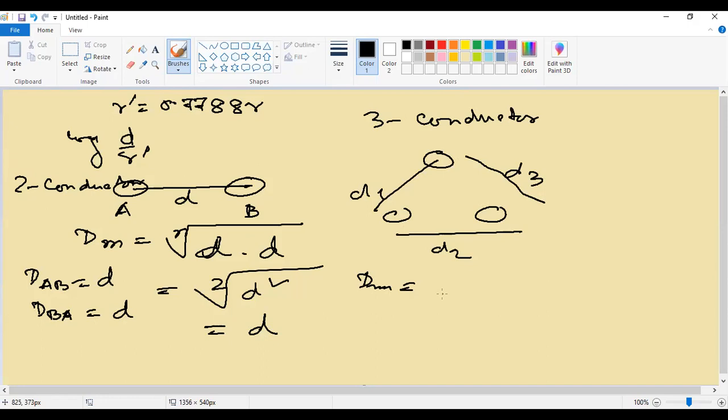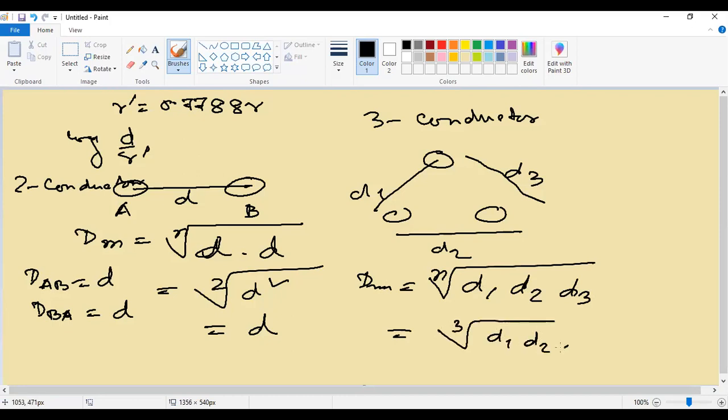Cube root of D1, D2, D3, sir. Yes, cube root, because n equals 3, we have 3 distances, D1, D2, D3. So this should be the cube root of D1, D2, D3.